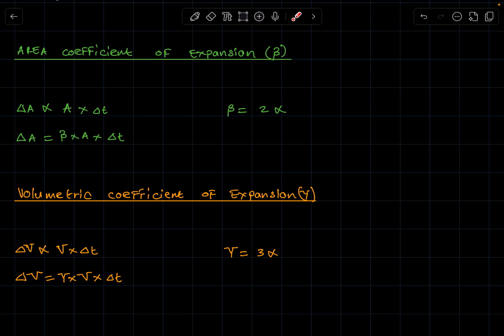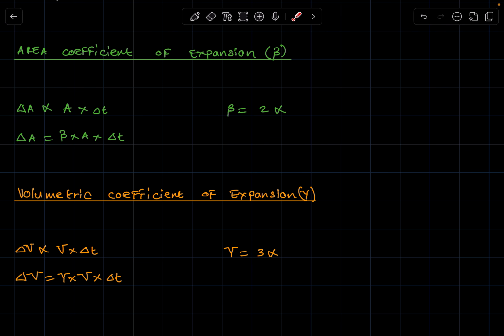Now, if we haven't been given the area coefficient of expansion, but you are given the linear coefficient of expansion, you can use this expression to get the area coefficient of expansion. So beta, the area coefficient of expansion, is equal to 2 times the linear coefficient of expansion.